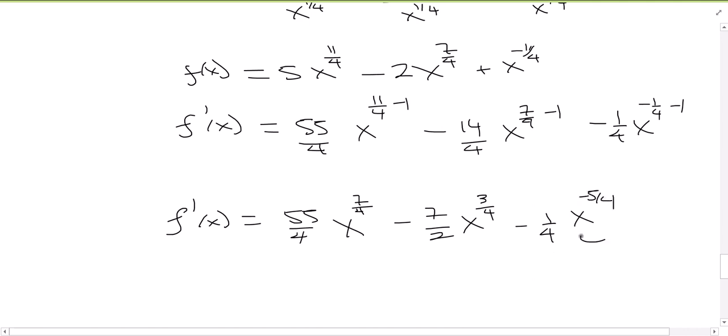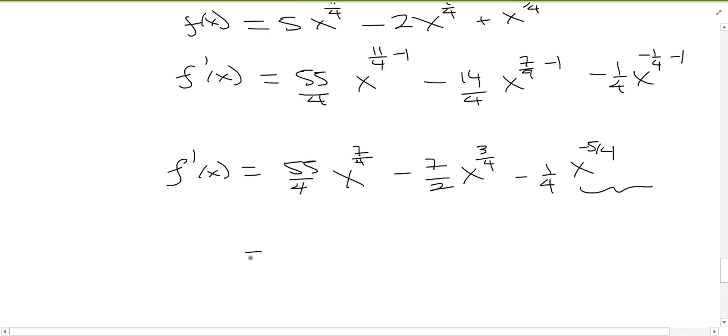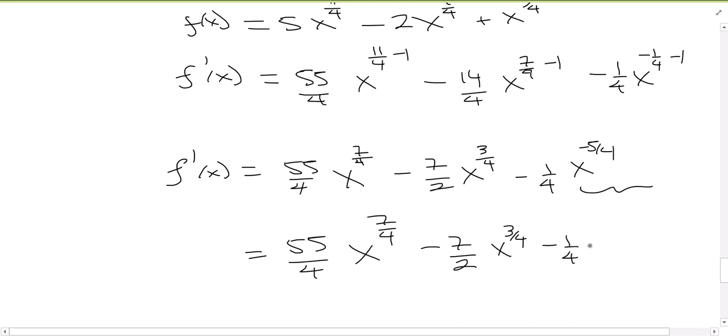So this is now the only one you have to rewrite because that has a negative exponent. So this becomes 55/4 x to the 7/4. That's an improper fraction, so you can rewrite it in the way that we did for some of the other ones earlier that had improper fractions. And then this will be minus 1/4 minus 1 over 4x to the positive 5/4 once we move it to the denominator.